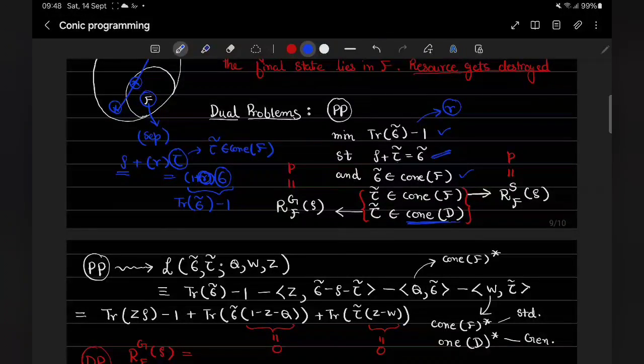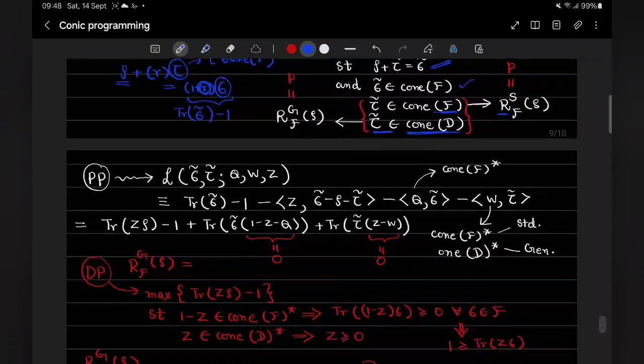So tau tilde is the noise. You want to add the noise from the set of D for generalized robustness, which is this constraint, and for standard robustness it belongs to cone F, which is this constraint.